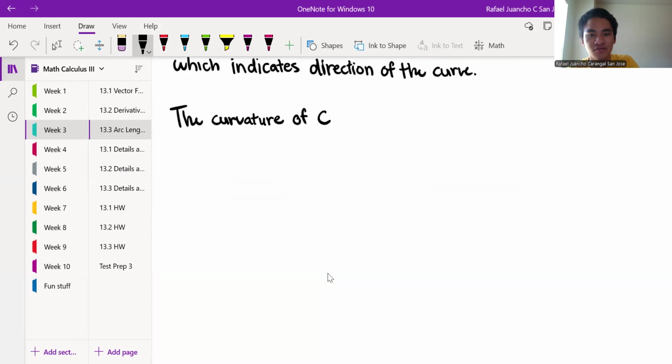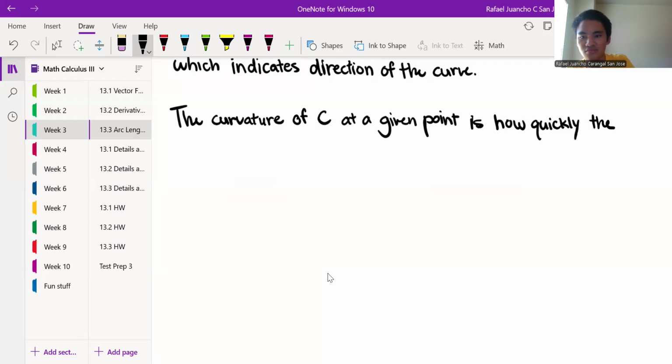A curvature of, let's say, our space curve C at a given point is a measure of how quickly the curve changes direction at that point. So here we're talking about how fast that curve changes direction.